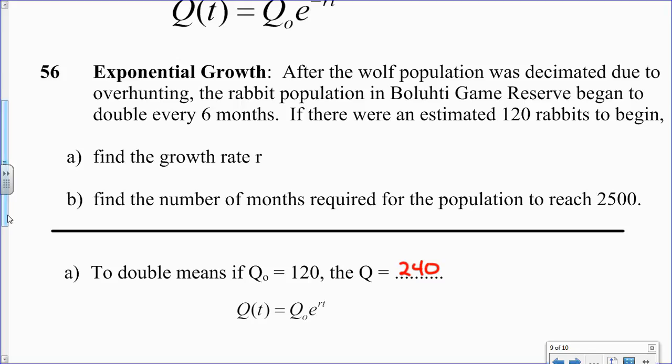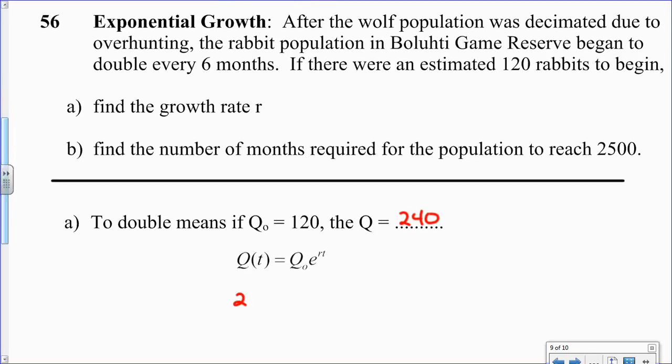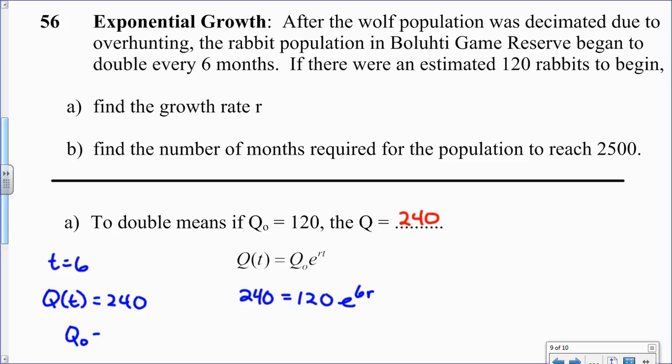All right, so Q of T is 240. That whole thing is 240. Your initial is 120. And then I want to find R, but what's T? Yes, 6 months. So we're measuring in months. That's fine. So T is 6. Q of T is 240. And Q sub 0 was 120.